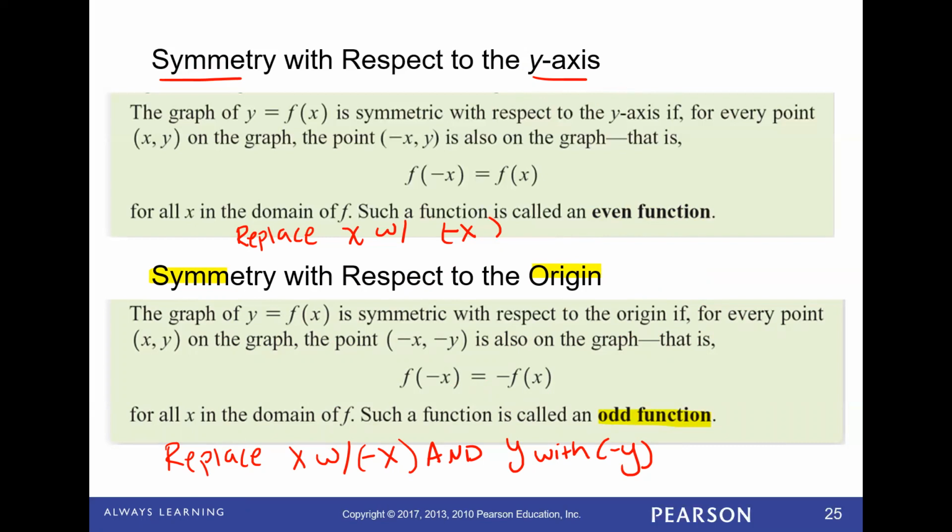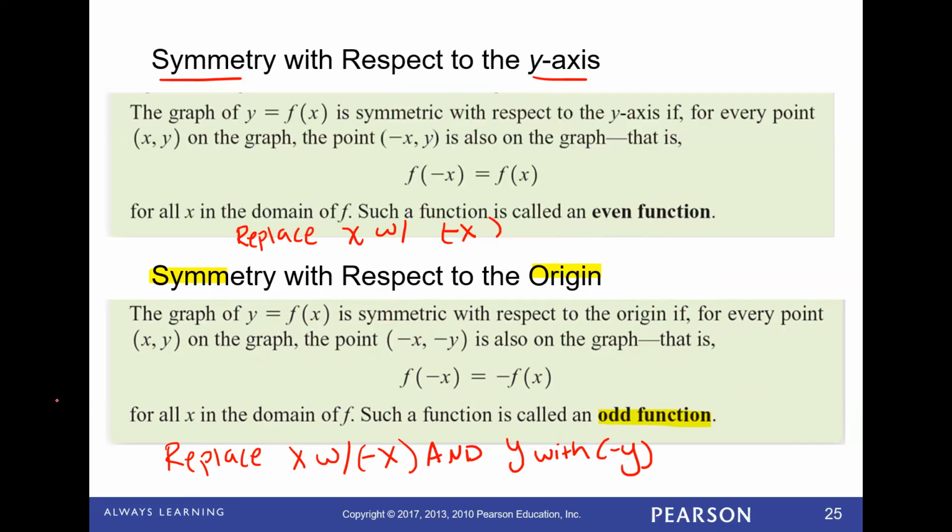Origin symmetry is kind of a reflection on the x and y together. These graphs are going to look a little bit more like, say, y equals x to the third. That is actually one that has beautiful origin symmetry. So basically every x, y point that you have is mirror imaged with a negative x and a negative y point.